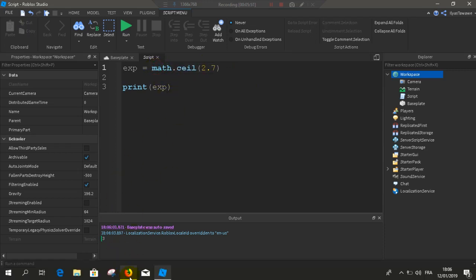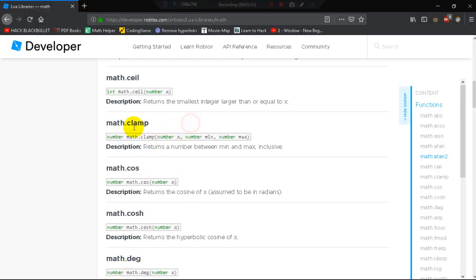Cool. Now let's see the other functions. We have math.clamp. Math.clamp gets 3 parameters.